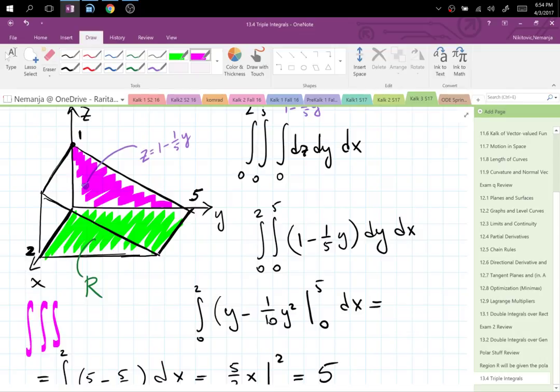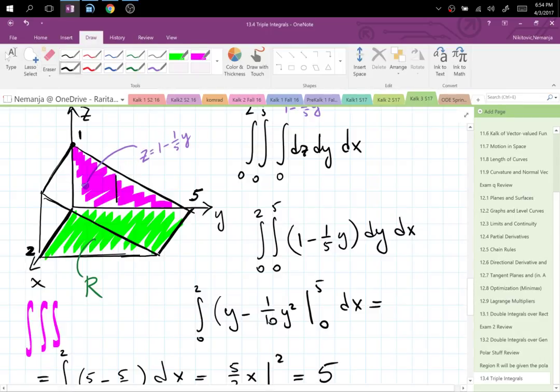So you're taking this wedge and you're putting it on a side rather than having it right side up on the top. If you flip it on a side, then the shaded side becomes your domain, your region, and that's a triangle.